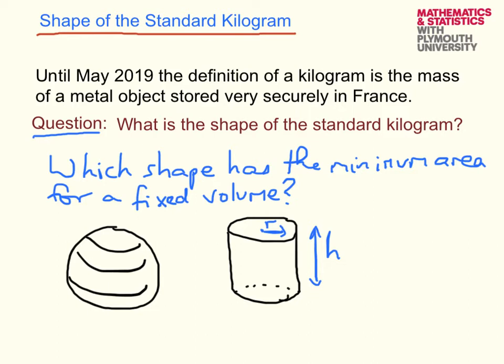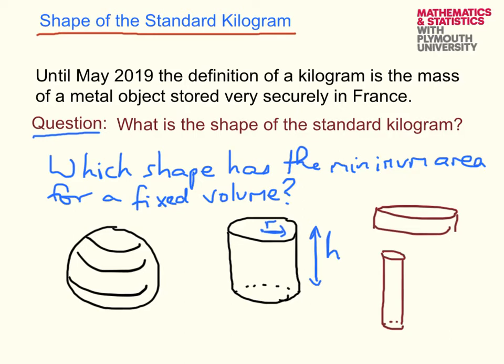So what I'm going to do now on the next slide is work out, using mathematics, what the ratio of the radius and the height are. Because you could imagine a cylinder which is quite low, so a cylinder like this, or you could imagine a cylinder like this, very tall, with a small radius, and both of these, if you shape things correctly, would have the same volume.